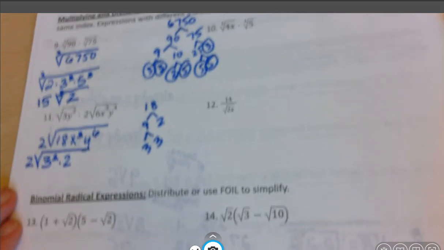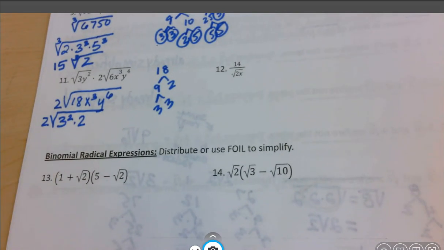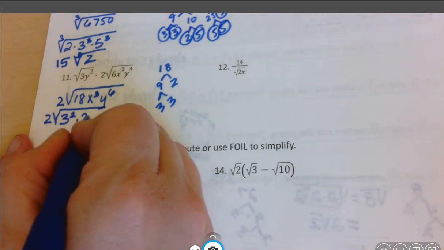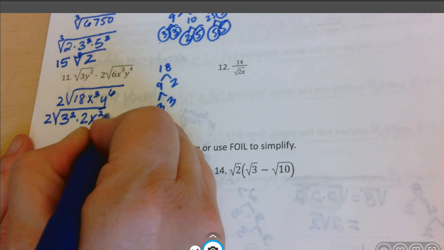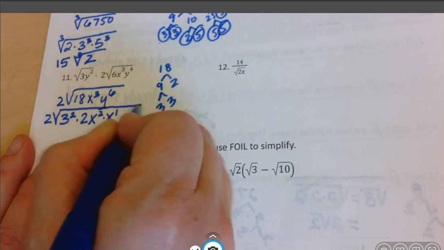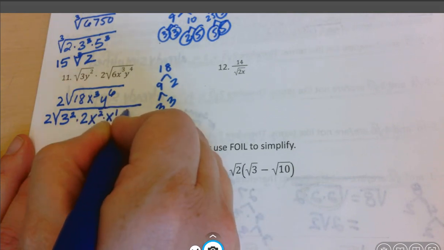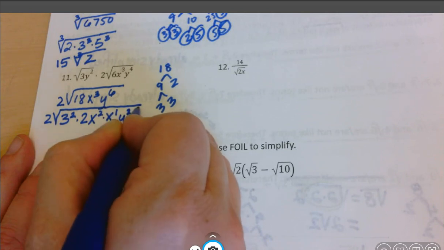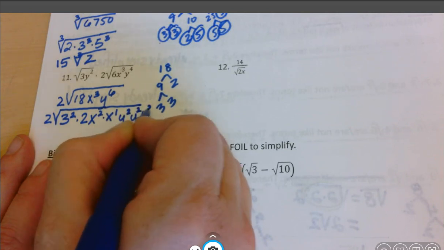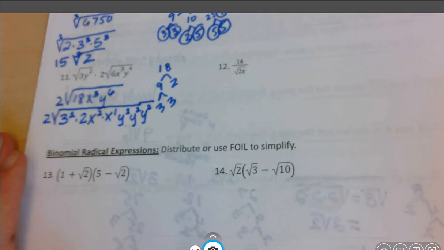I have x to the 3, but I need an x to the 2 in order for it to come out. So I'm going to make it x to the 2 times x to the what? X to the 2 times x to the 1. For the y to the 6, I've got y squared, and I can make another y squared. So all those are y squareds.